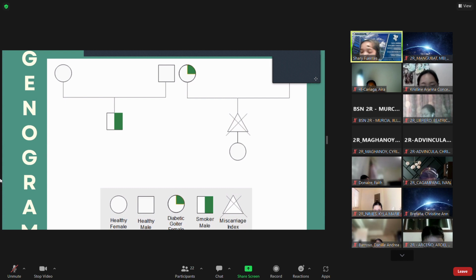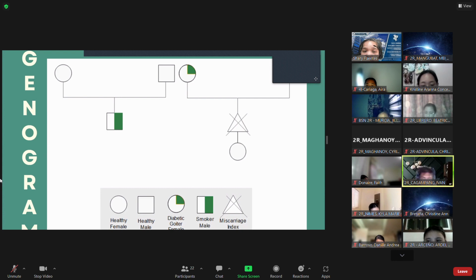Ano mang plano natin sa genogram? The client has a history of the family has a history of diabetes, and are they still alive? The parents? Yes, ma'am, both side. So wala.